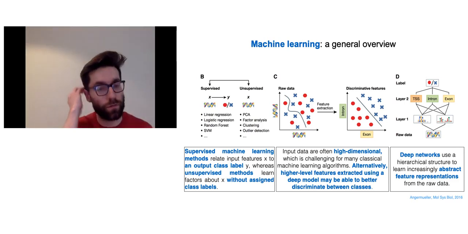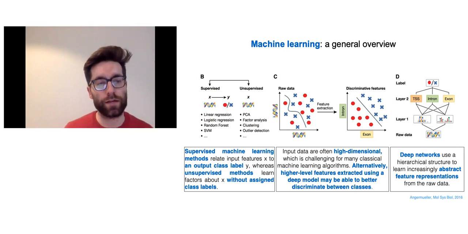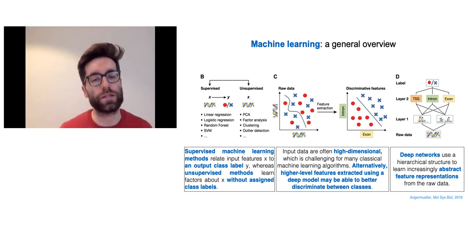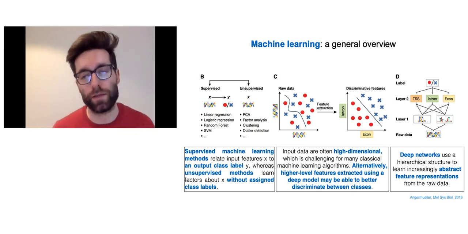Just to remind ourselves, there is supervised machine learning, where you give both the data and also labels of the data, and there is unsupervised machine learning, where you only provide the data, but you don't provide the labels.